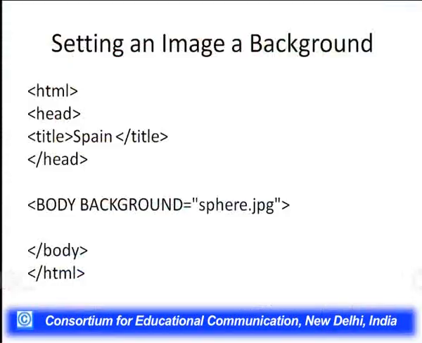You can see here body background has been specified and the image name has been specified. The effect of this will be something like this. You can see here the complete background is filled with the image. So this is about images.